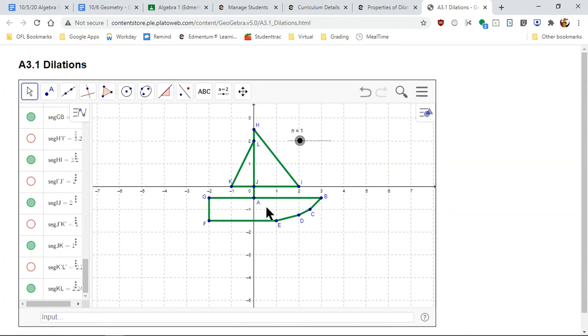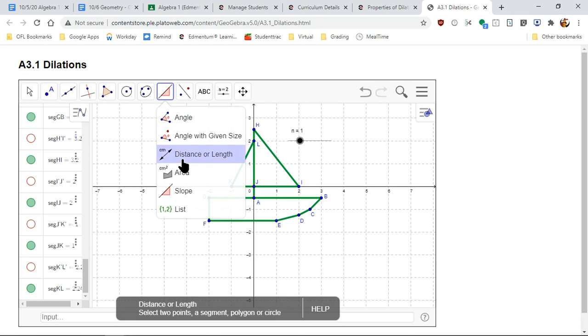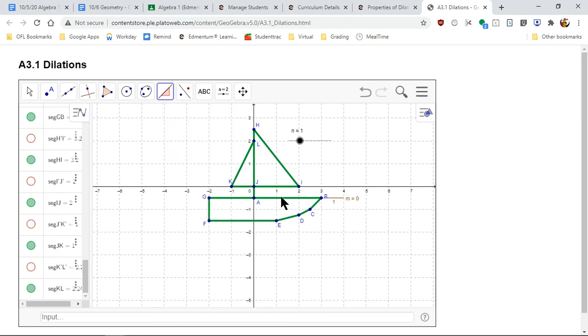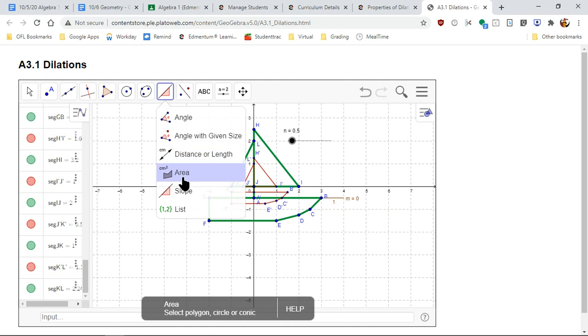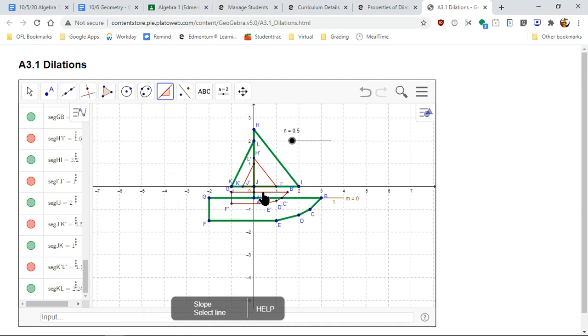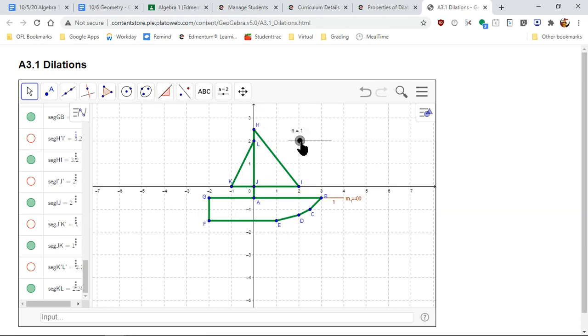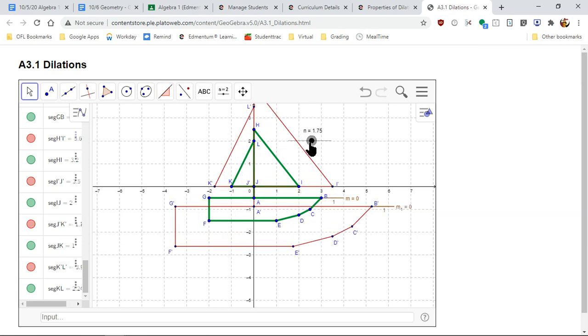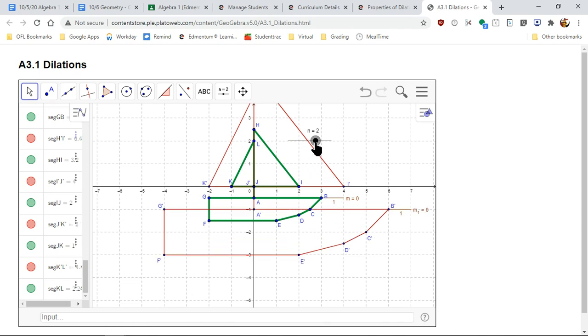So now I want to find the slope of GB. Click slope GB, and my slope is 0. Now I'm going to go to 1/2, and I'm going to do slope again. GB. It's still 0. And if I go to 1 and 2, it's still 0.